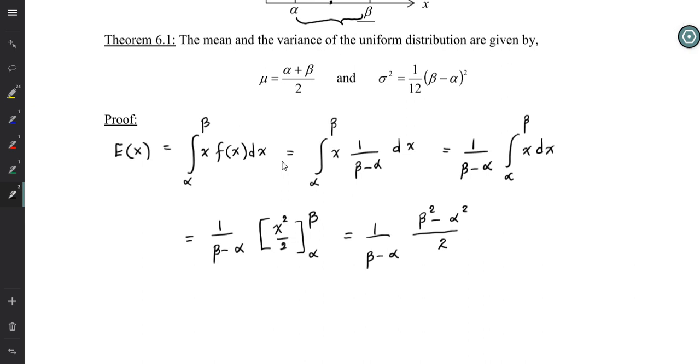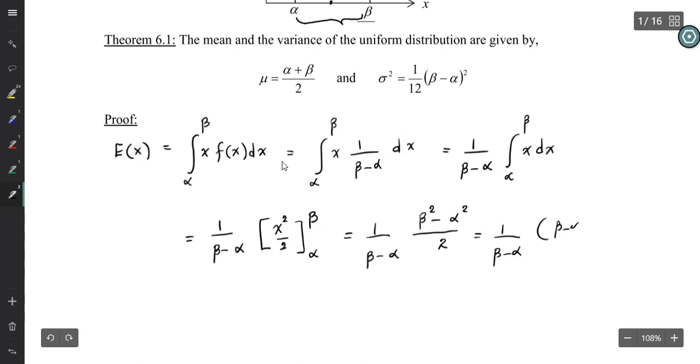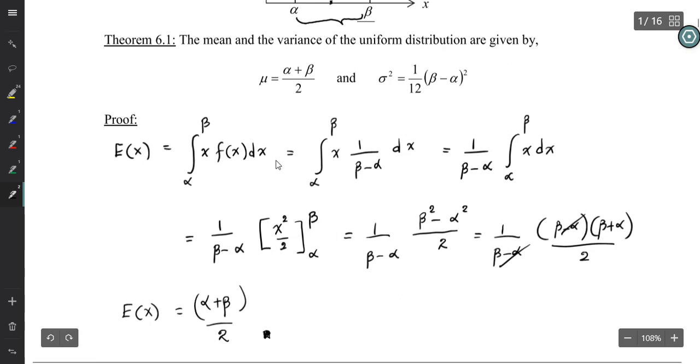Okay, so this is the difference of squares. You can expand it as beta minus alpha and beta plus alpha. So this beta minus alpha cancels out and you end up with the expected value of x as alpha plus beta divided by 2. Okay, so that is the proof of the mean of the uniform distribution.